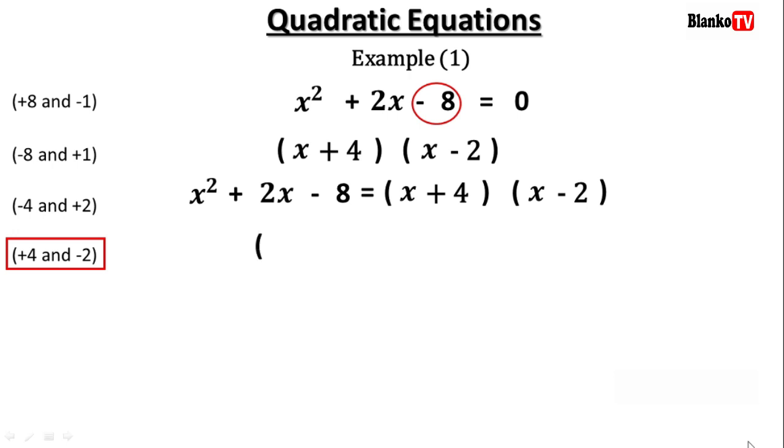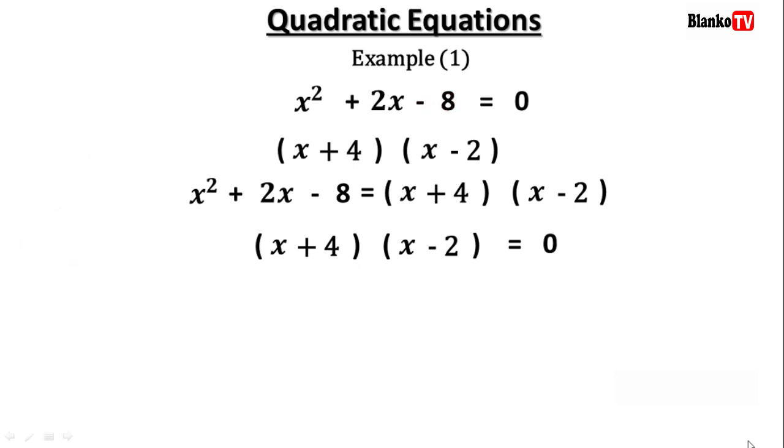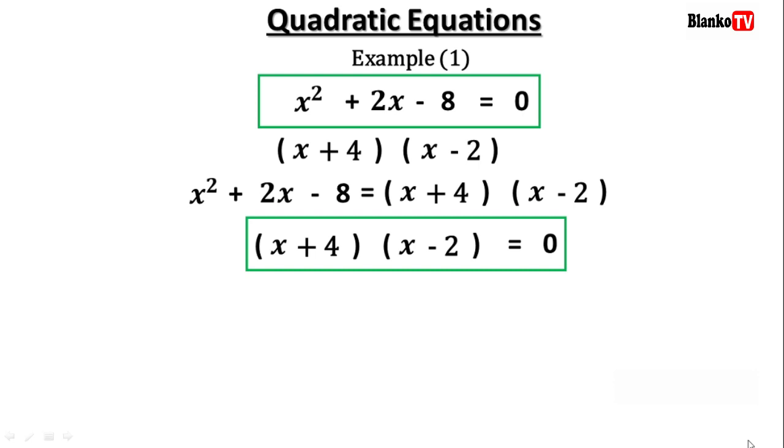Okay, so we equate x plus 4 in a bracket multiplied by x minus 2 in a bracket to 0. So now x squared plus 2x minus 8 equals 0 becomes x plus 4 multiplying x minus 2, which is equal to 0.